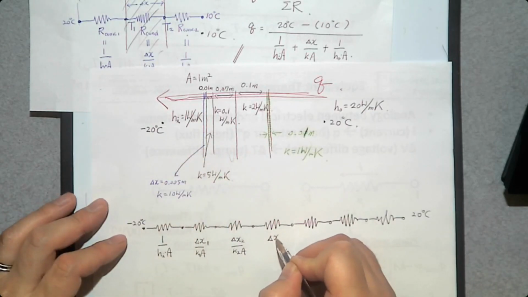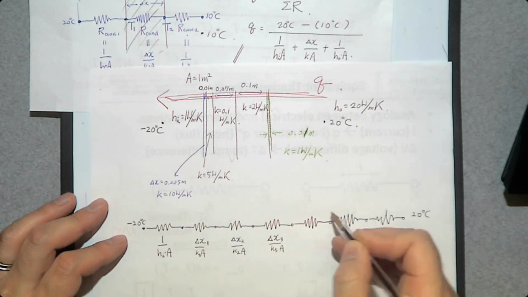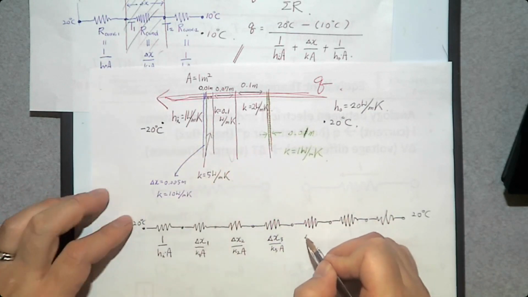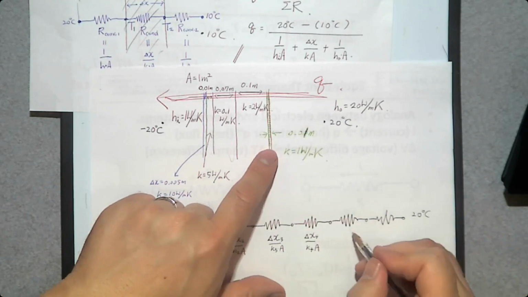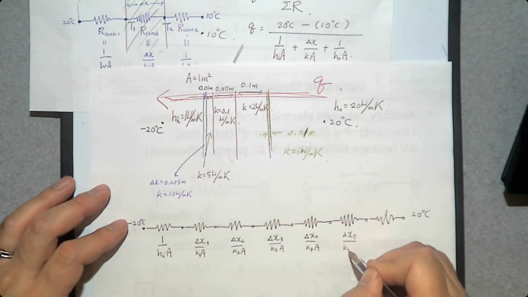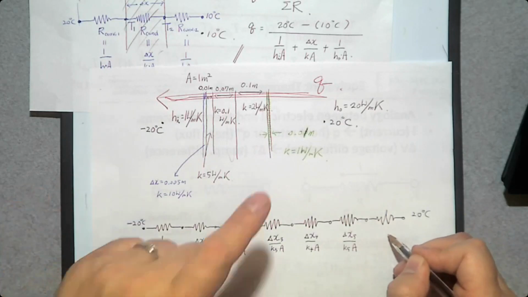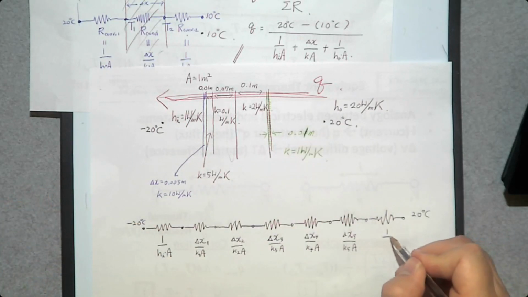Insulation, delta X number 3 over K number 3 times area, and the wall, delta X number 4 divided by K number 4 times area, and the green glass, delta X number 5 over K number 5 times area, and finally we have a convection resistance outside, 1 over Ho times A.